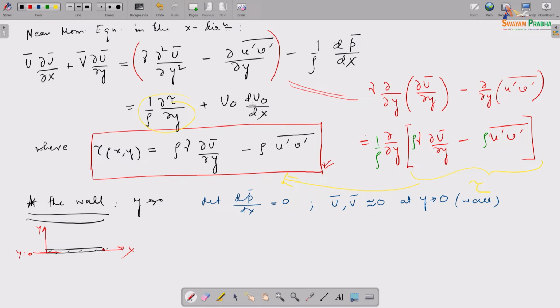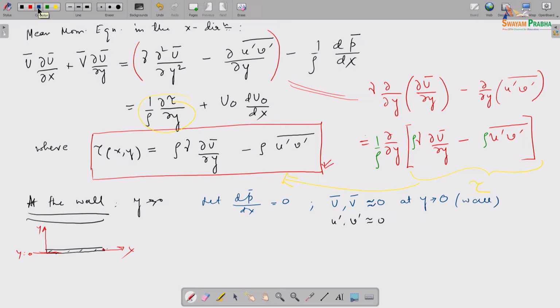Now if I look at the momentum equation, 1 by rho del tau del y, which is fine. At the wall, these things are 0. At the wall, the flow is essentially 0. These are also 0 because the flow itself has come to a stop there. So that term will also go to 0.